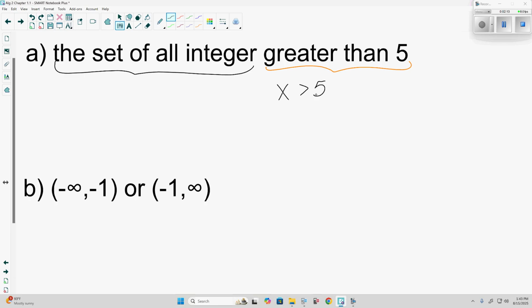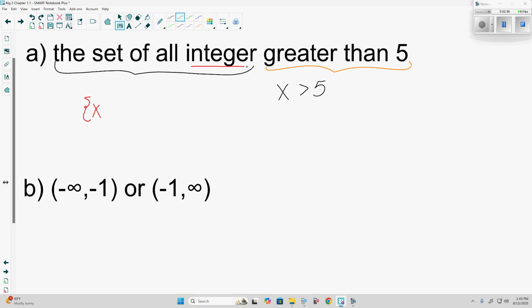Now we have everything we need to set up set builder notation. We start with our braces and x. If it was the real numbers, we could go brace x bar, the set of all real numbers x such that, and give our description. But here, are we talking about the real numbers? Integers.